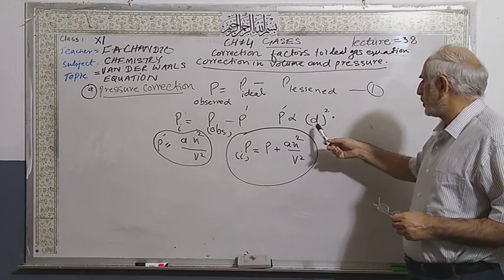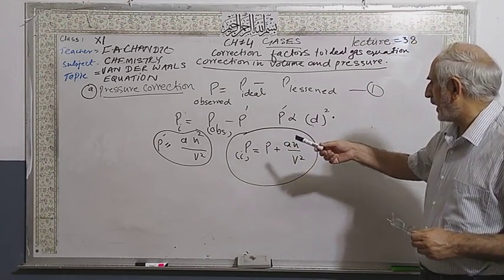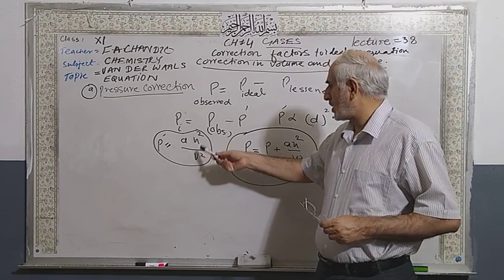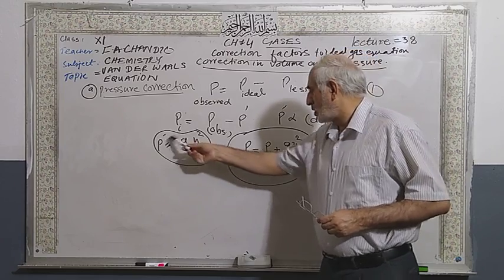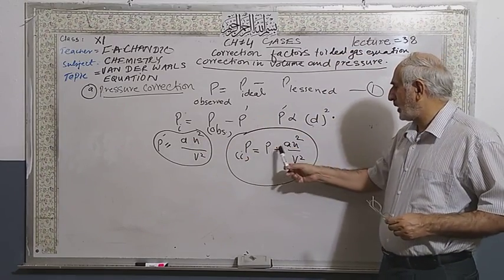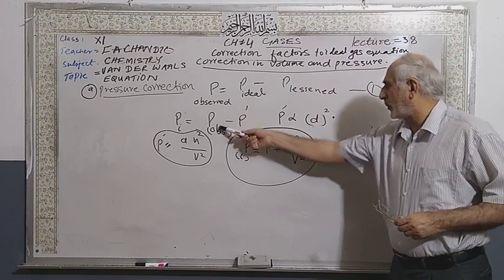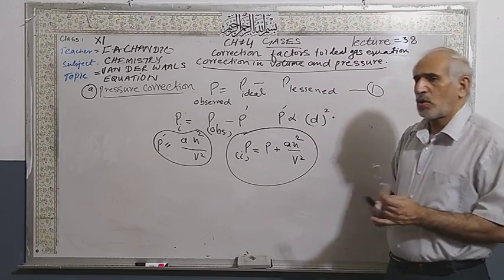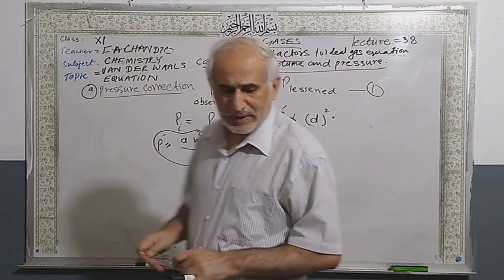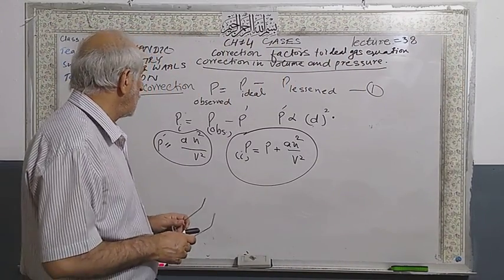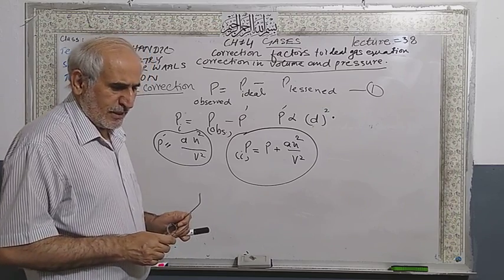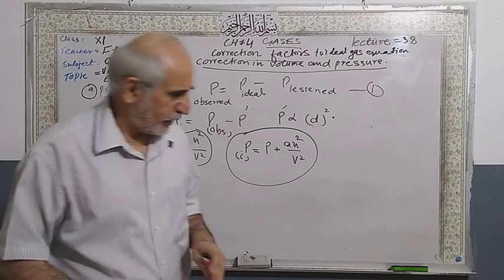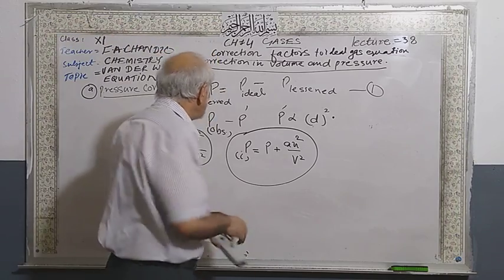The pressure is directly proportional to the square of the density, then P dash is equal to a, which is called the proportionality constant, n square over V square. So for P dash we have a n square, and P is already present here. So a n square over V square. So you have another equation for this in the pressure correction. So we have two equations. One is called the volume correction equation and the other is called the pressure correction equation. So I will write both.